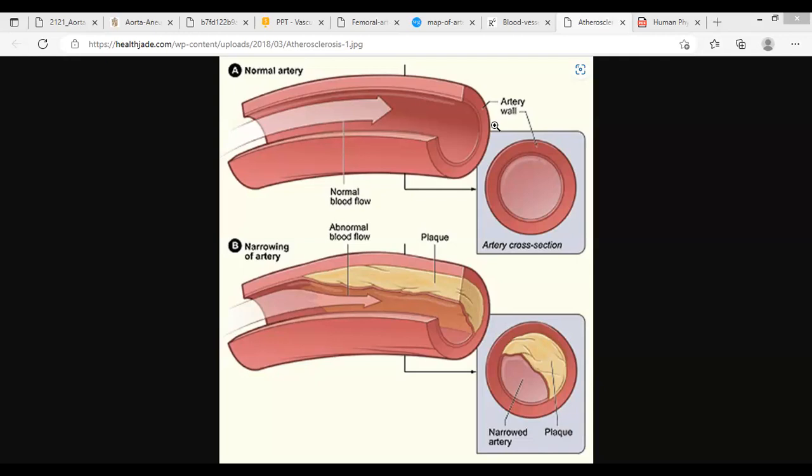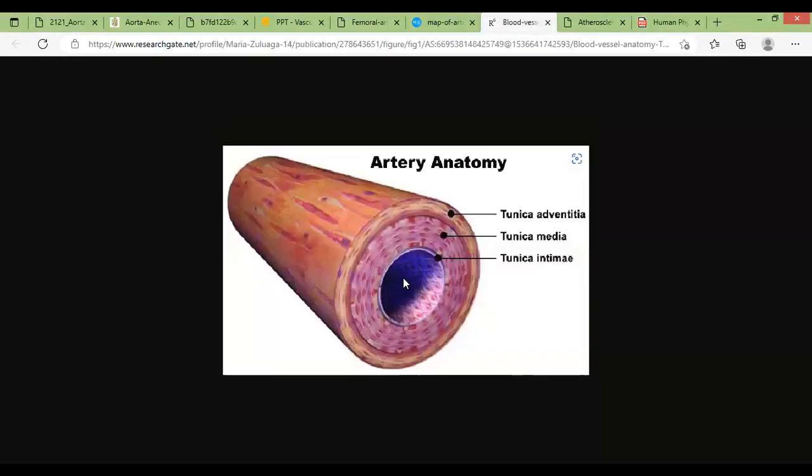Okay. So where does the plaque form? Let's go to the next image. It forms on the site of injury. No, the vascular wall.